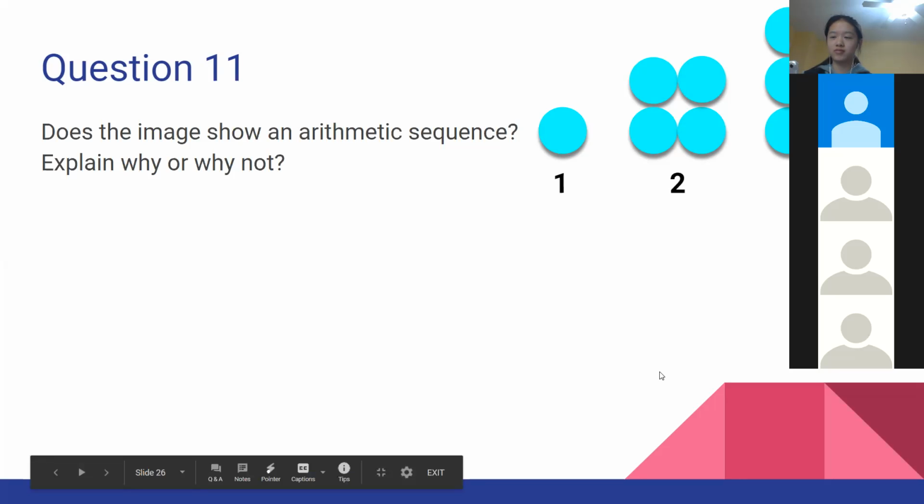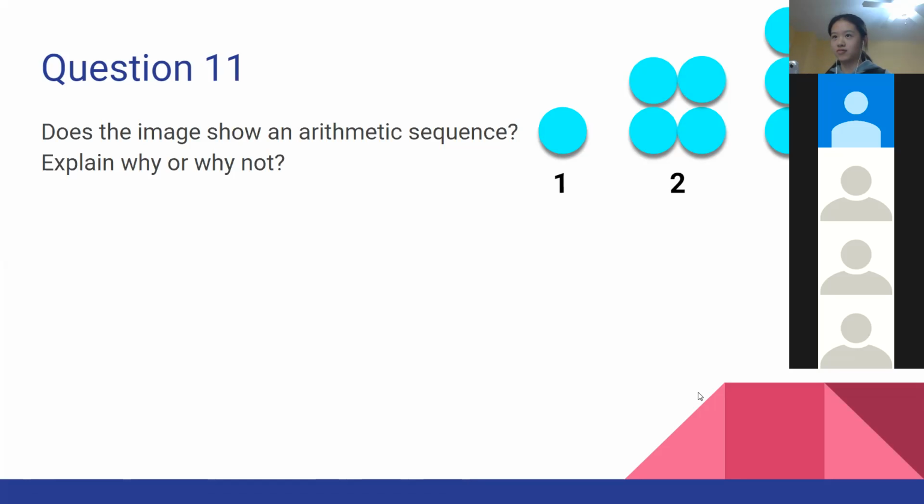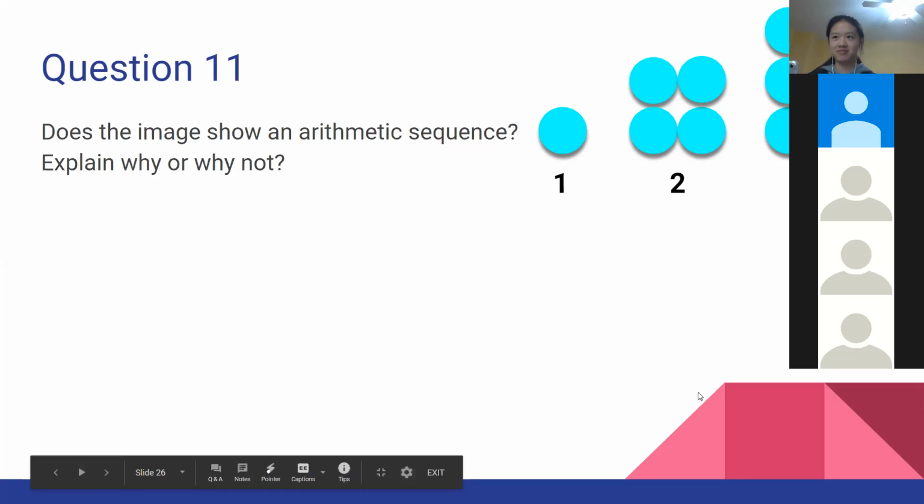Do you have a mic? All right, sure. Okay, Sanjay. Sanjay, come on. I guess nobody really wants to answer. Wait, Sanjay unmuted. All right, tell us, is this an arithmetic sequence? If so, or if not, why or why not?